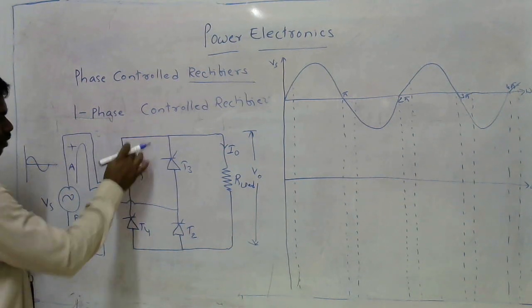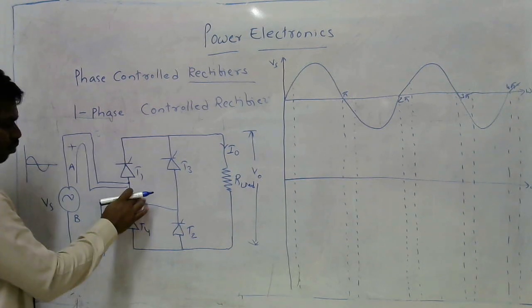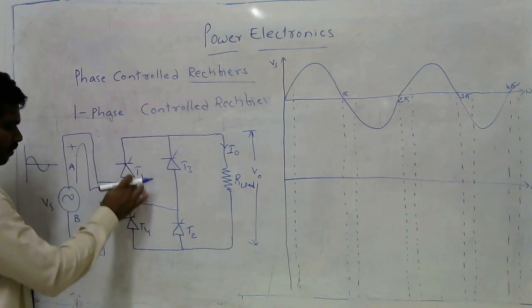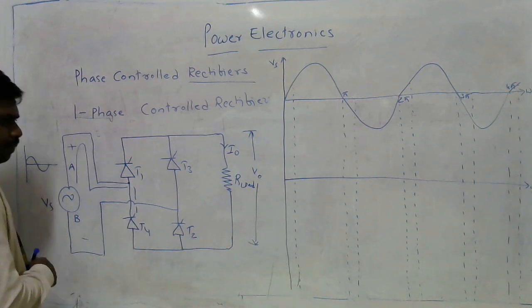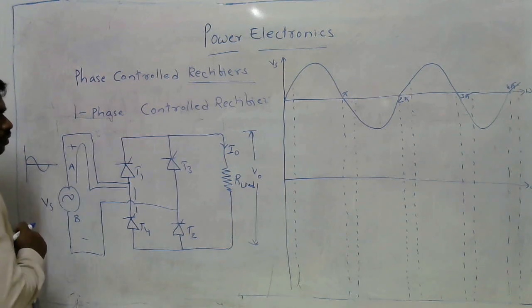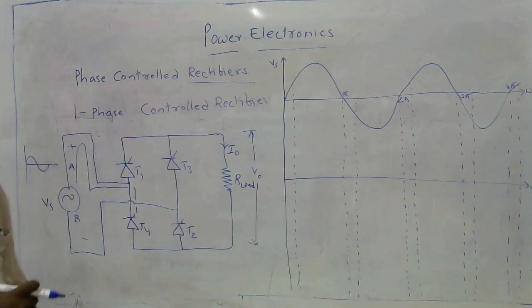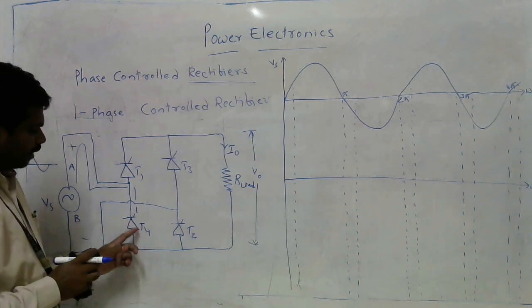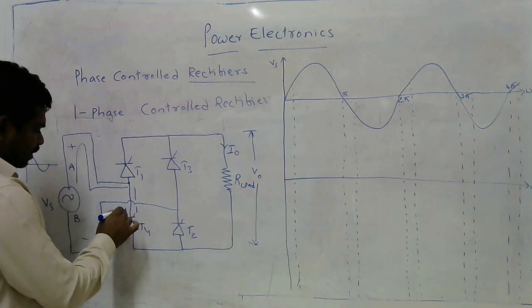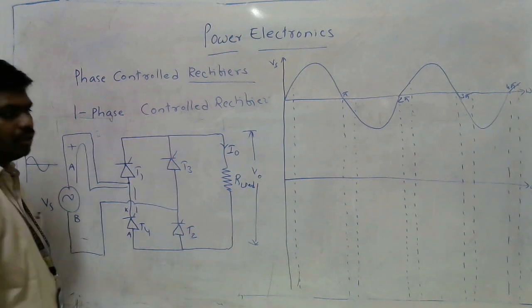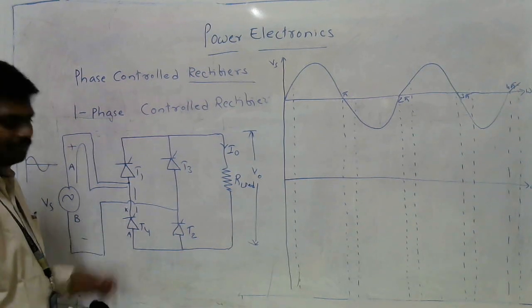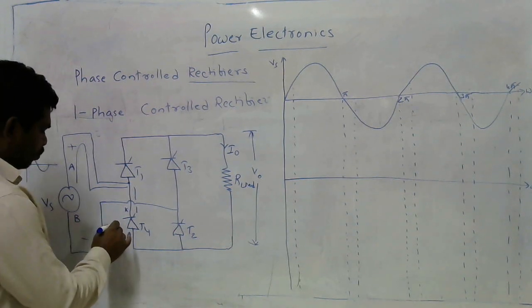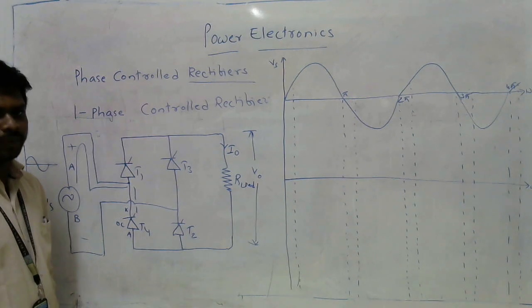Because there are two paths for the current, let us see the bottom side. If the current tries to move this side, then T4 looks like a reverse bias condition. This is cathode, this is anode, meaning the cathode is more positive than the anode terminal, hence we call it reverse bias, and it immediately becomes open circuited.